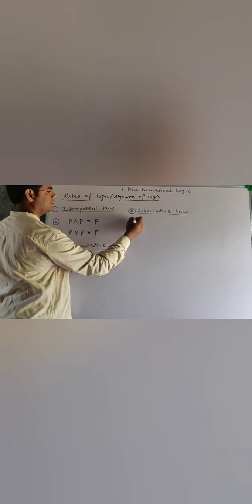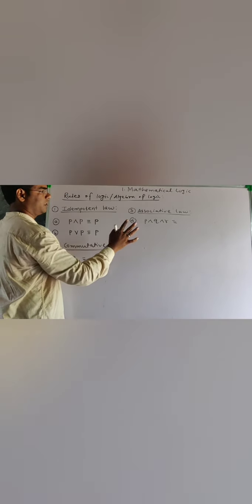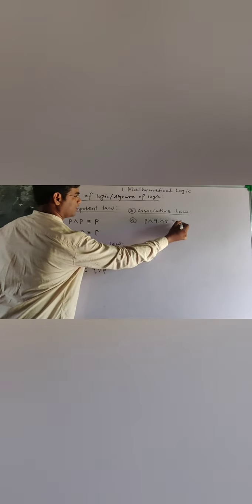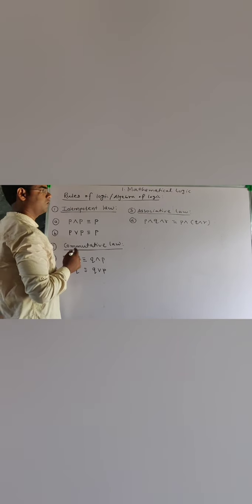The third law is associative law. Associative law means association. Suppose we have three statements P, Q and R, then we can associate any two statements, that means we can write any two statements in a single bracket. Suppose we write Q and R in a single bracket, you can write P and Q also, or P and R also.